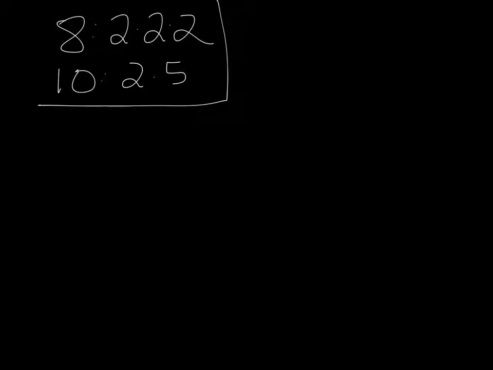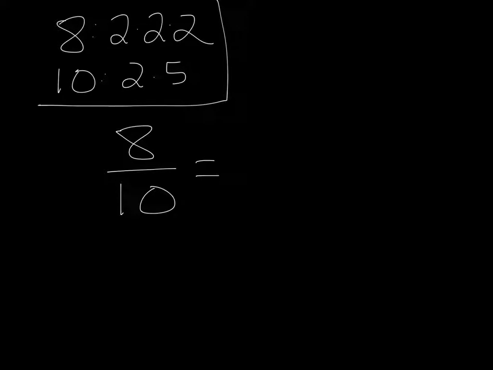Okay, so I moved my composites 8 and 10 both up to the left along with their prime factorization. So I'm going to take these two numbers and make them into a fraction so that we can see how to reduce fractions using this concept of prime factorization.